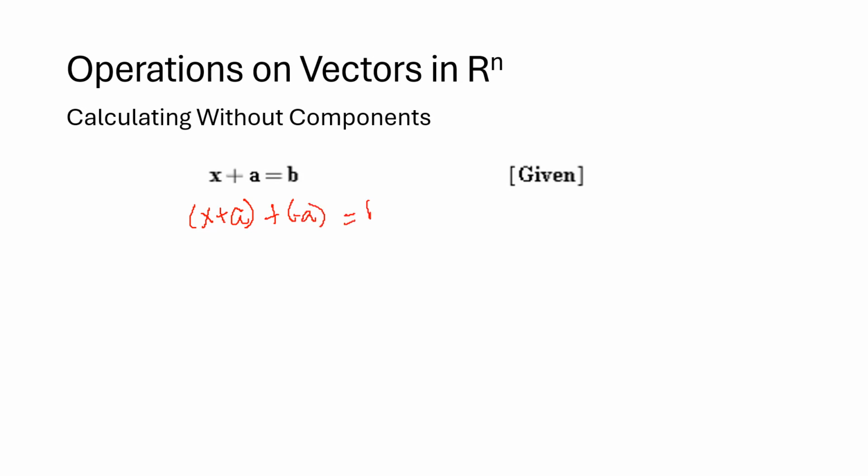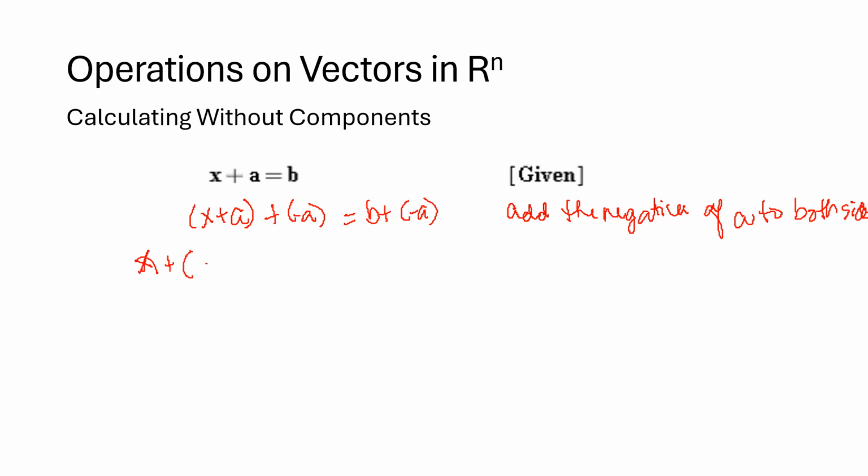Of course, this is add the negative of a to both sides. So with this, we could have that x plus a plus negative of a is equal to b minus a.